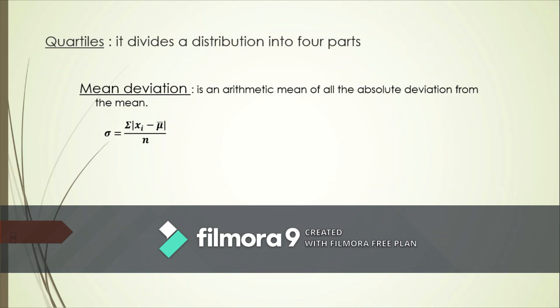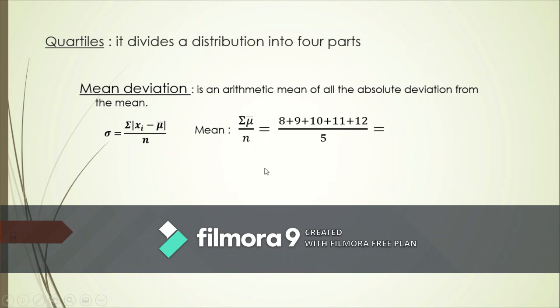Delta is equals to the summation of all the absolute deviation from the mean divided by n, the number of data. First of all, we are going to find the mean of this data, which is the summation of x over n.